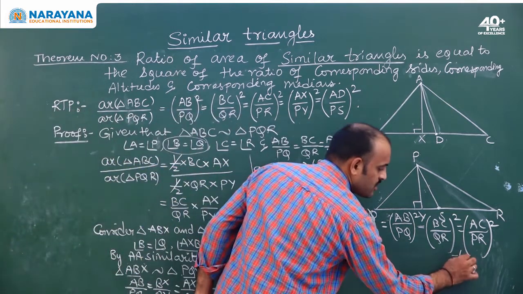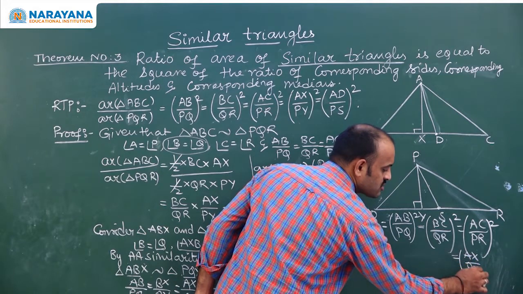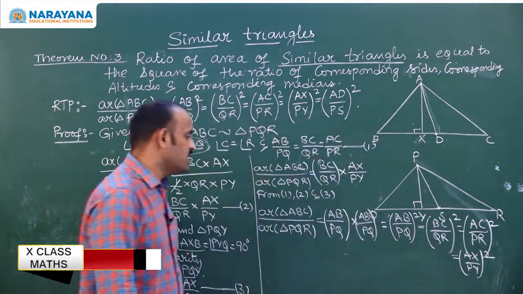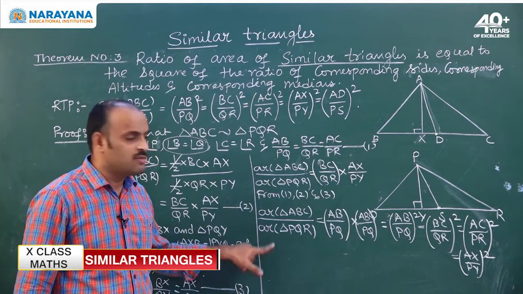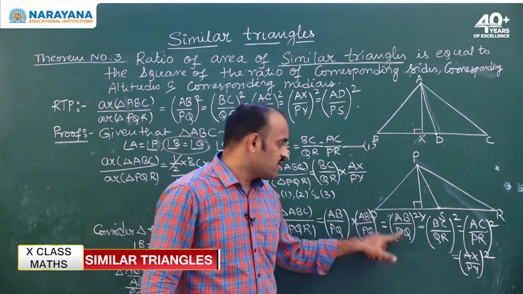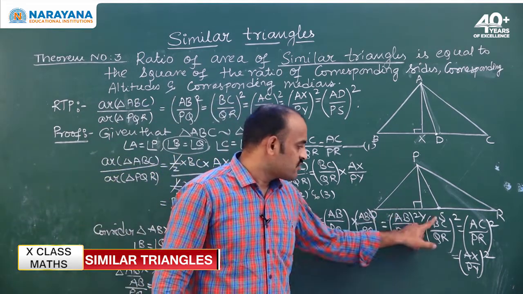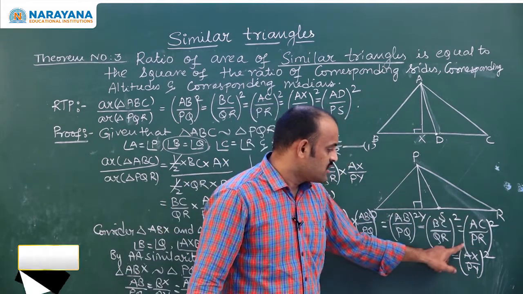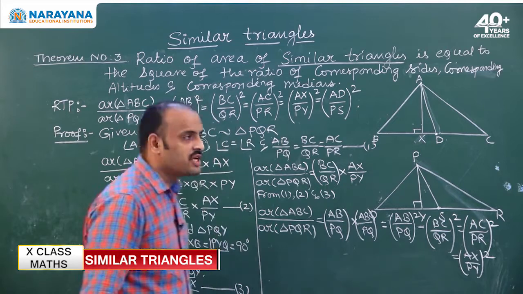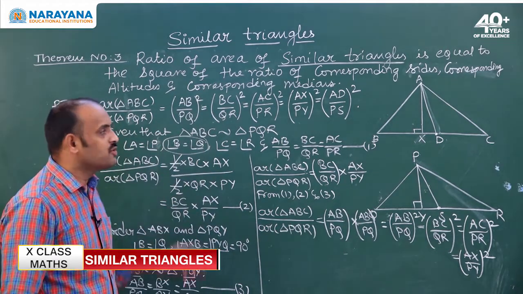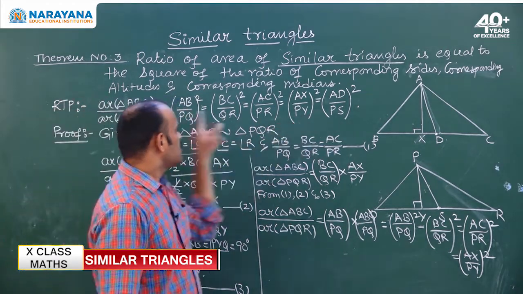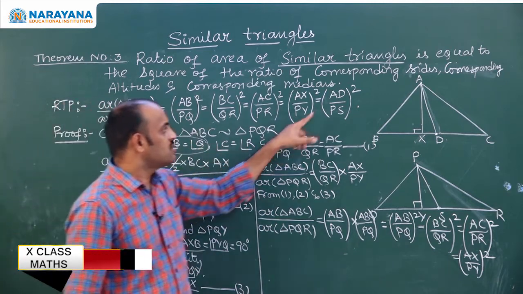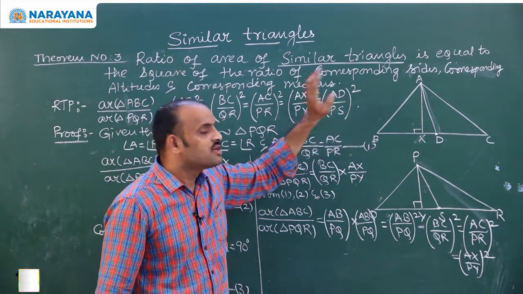Therefore, AX by PY whole square. So, we have proved that the ratio of the area of the similar triangles is equal to the square of the ratio of the corresponding sides and the square of the ratio of the corresponding altitudes. Now, we need to prove the ratio of the area of the similar triangles is equal to the square of the ratio of the corresponding medians also.